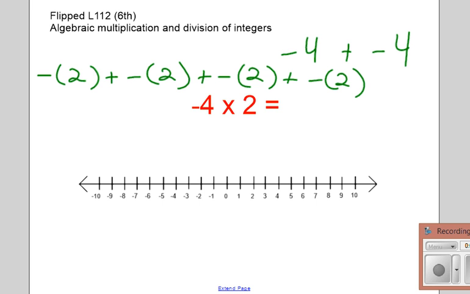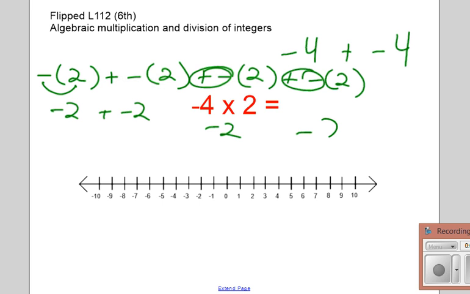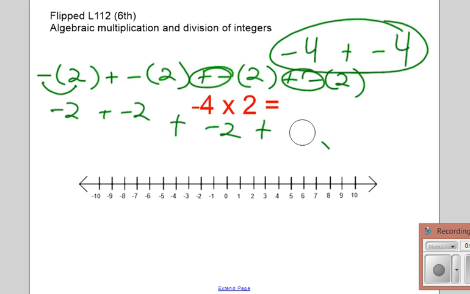Now that of course looks very, very strange, but we already looked at the fact that this is going to apply to this, and that's going to make it a -2 plus a -2, right? This is going to make another -2. This is going to make another -2. And so we really have -2 plus -2 plus -2 plus -2, which is really the same thing as -4 plus -4. And in the end, we're going to get the same answer.